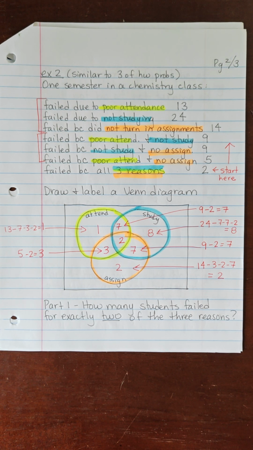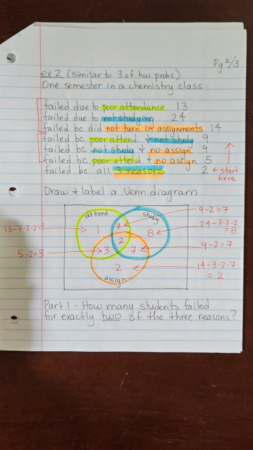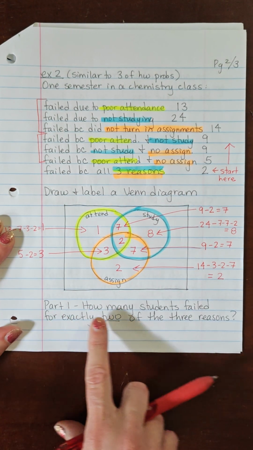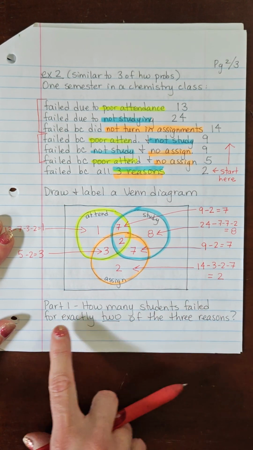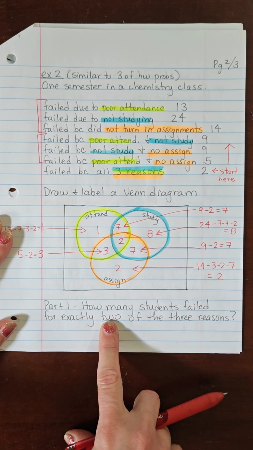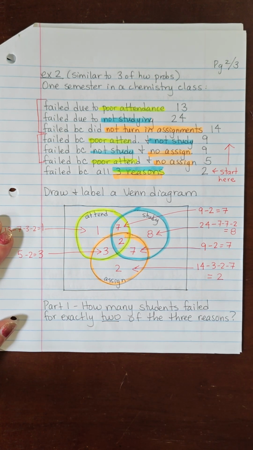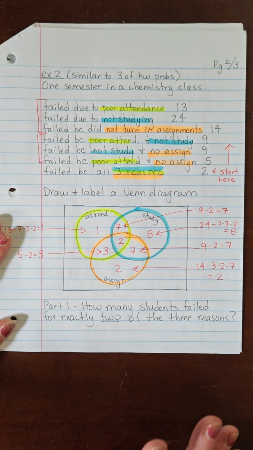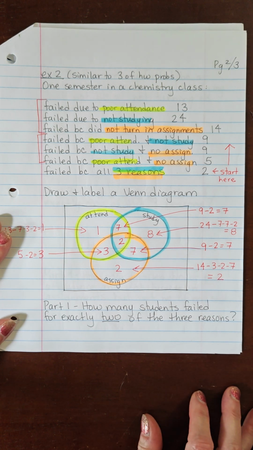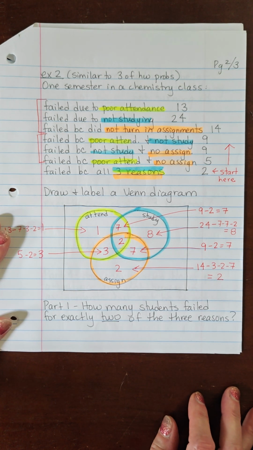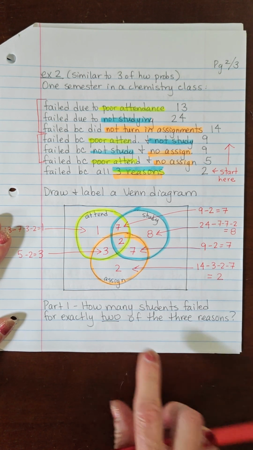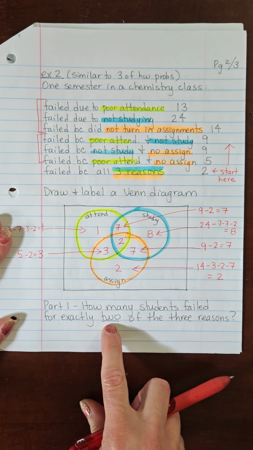Now it's just a matter of figuring out what regions we're going to be asking for. So part 1, how many students failed for exactly 2 of the 3 reasons? All right, so we want the number of students who are in regions that are just an overlap of 2 regions, not 3.